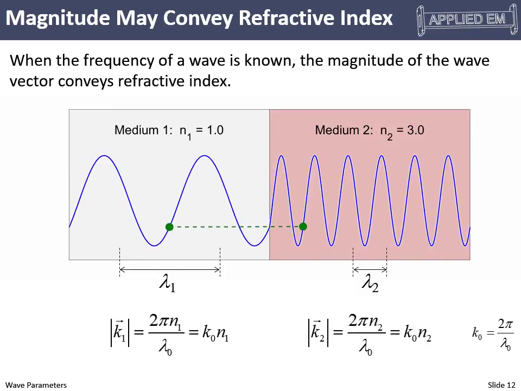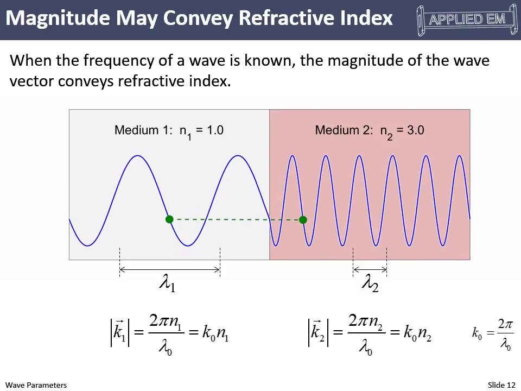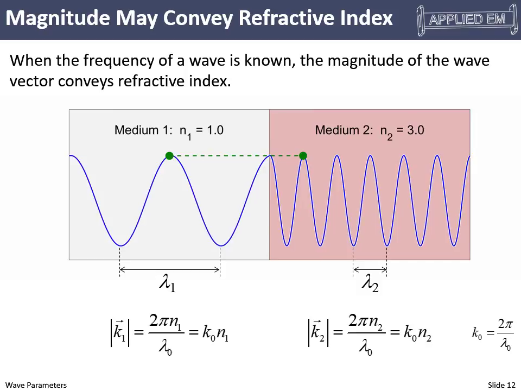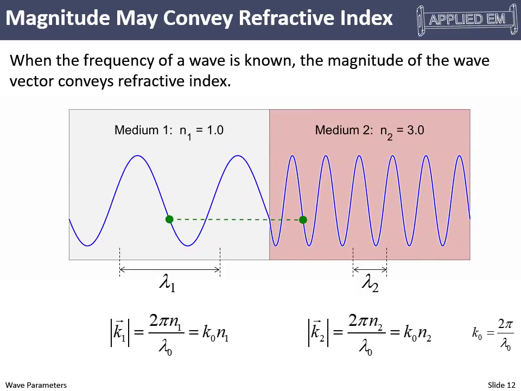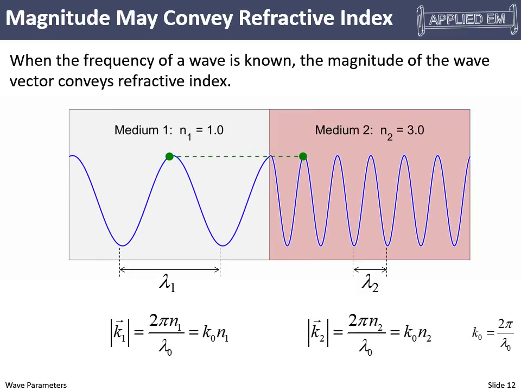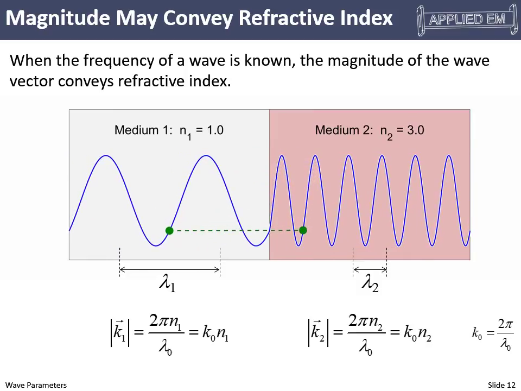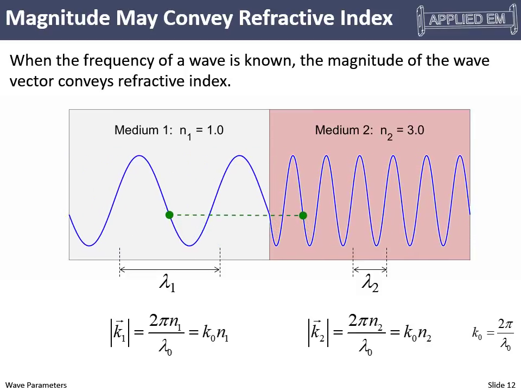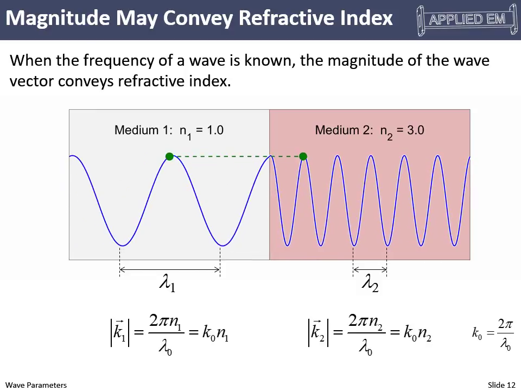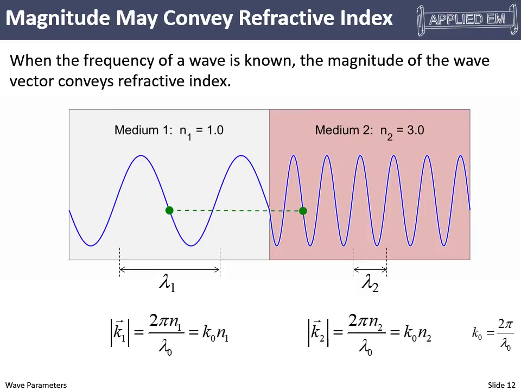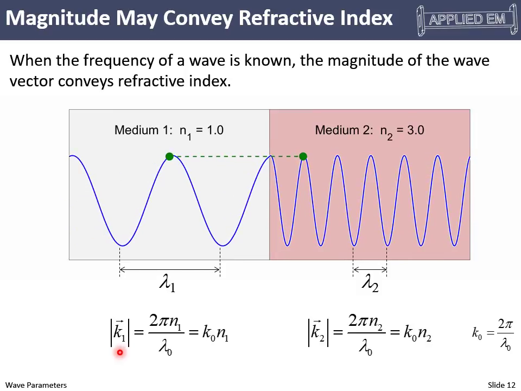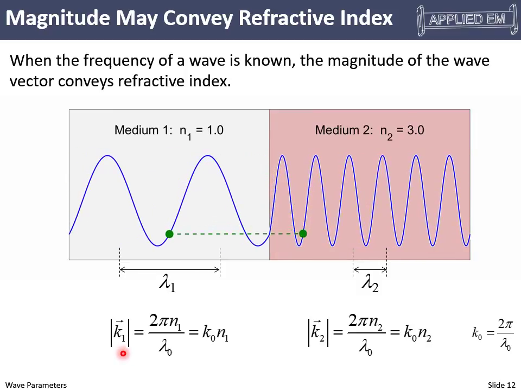Now this one may be a little weird if you're new to this, but when the frequency is known, that means the free space wavelength is known. And in this case, it turns out we can get refractive index from the magnitude of the wave vector. Why is this? The magnitude of k is 2 pi over lambda.